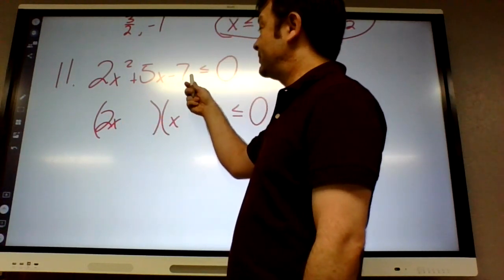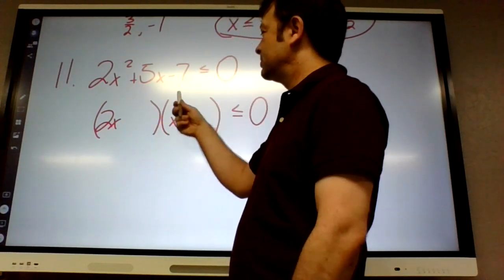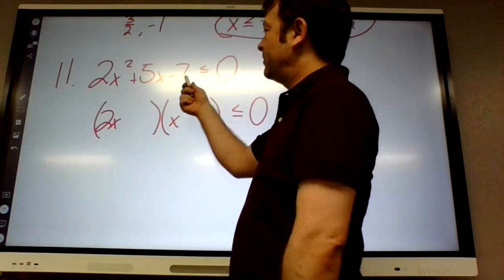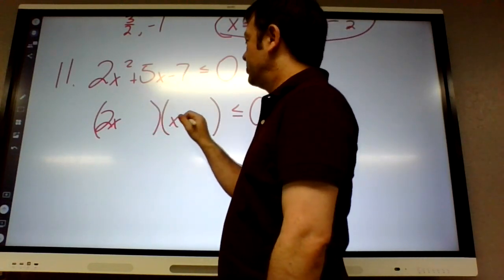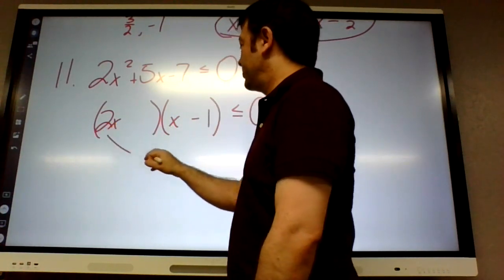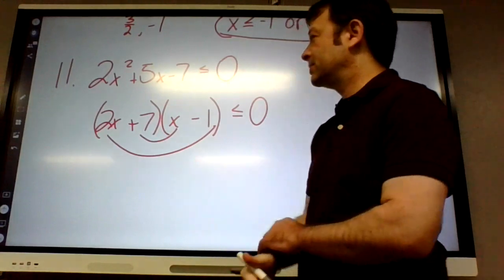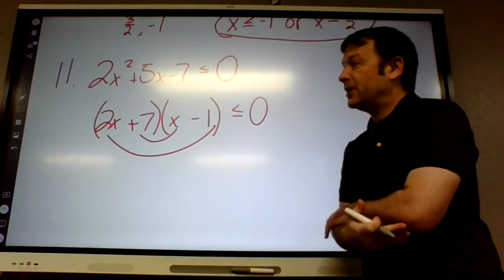What goes into negative 7? Positive 7 and negative 1. We want the negative 1 to be paired with the 2, and the 7 to be paired with the x, because that will make 5x.